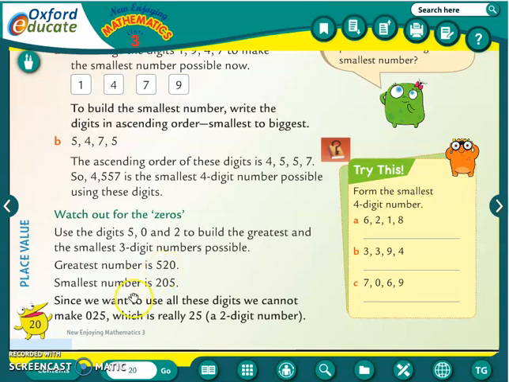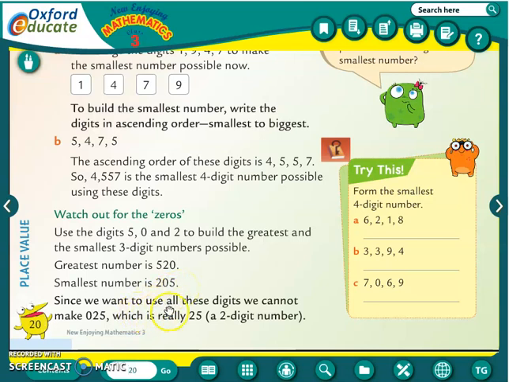Now we have to see the smallest number and we have to make a 3-digit number also. We can't write 0 first because a 3-digit number we have to form. That is why smallest number will be 2, 0 and 5.